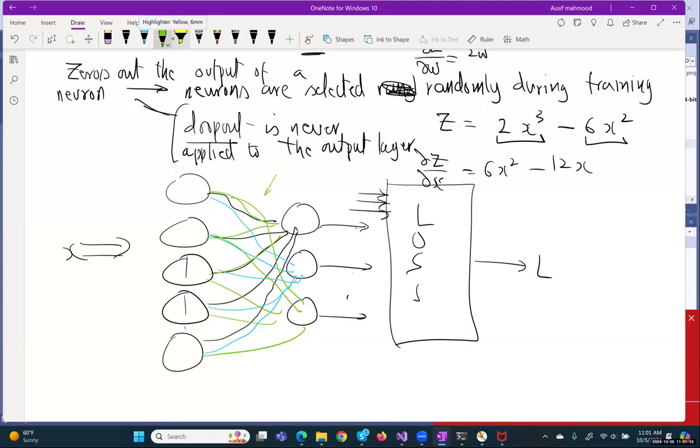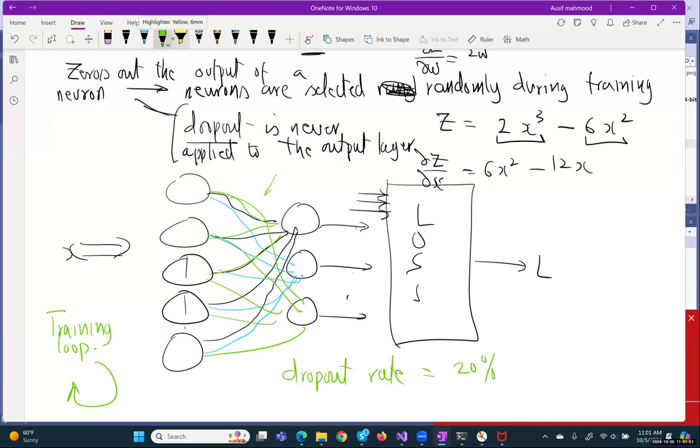So what we will do is, during training, in our training loop over here, for example, we'll pick, let's say, a dropout rate of 20%. Okay, so we always select a percentage of neurons whose outputs will be zeroed out, randomly, during training.